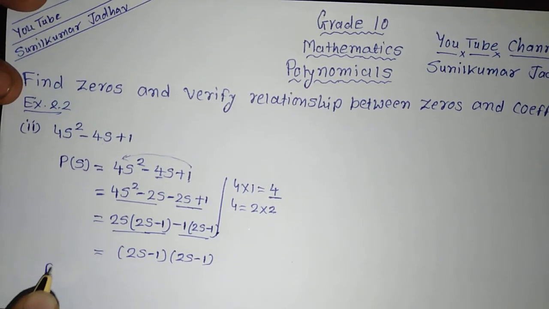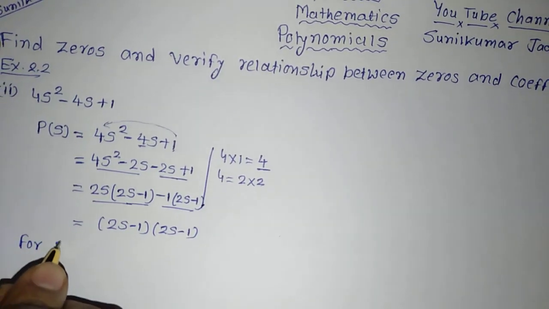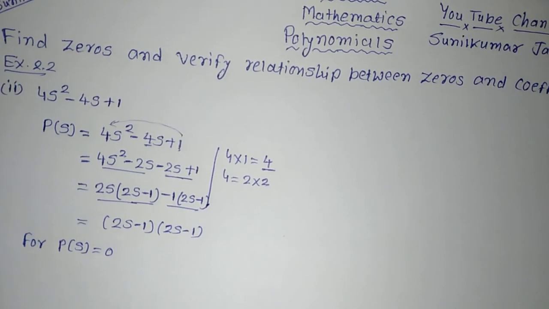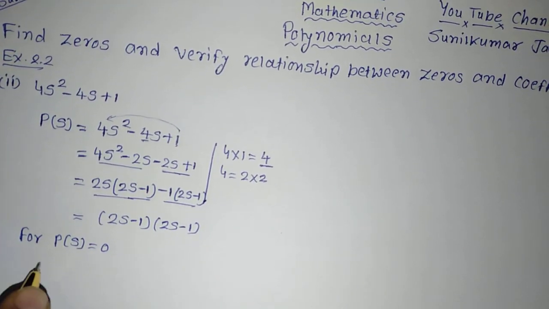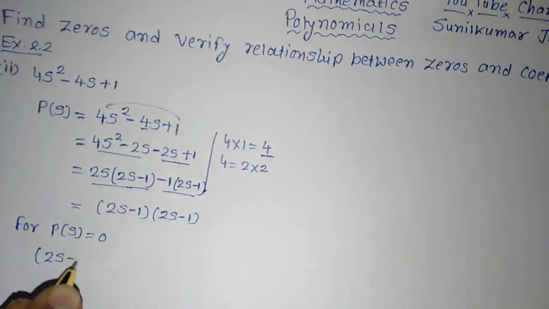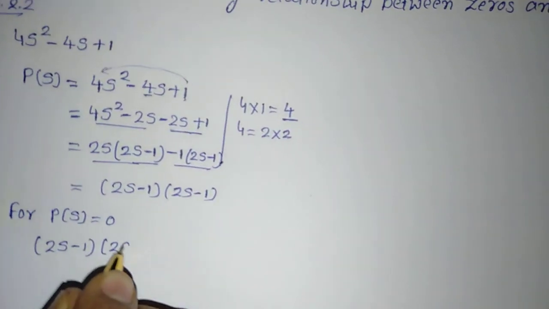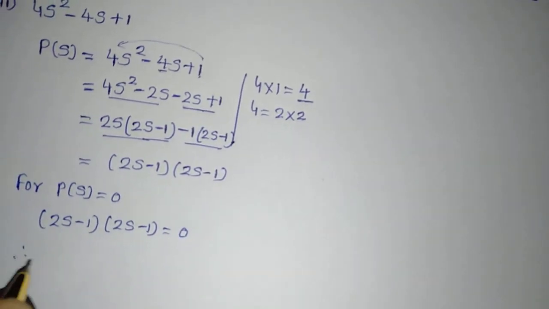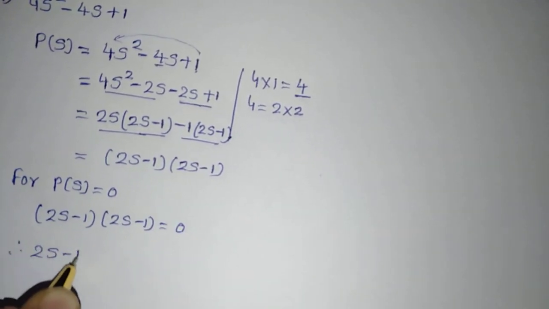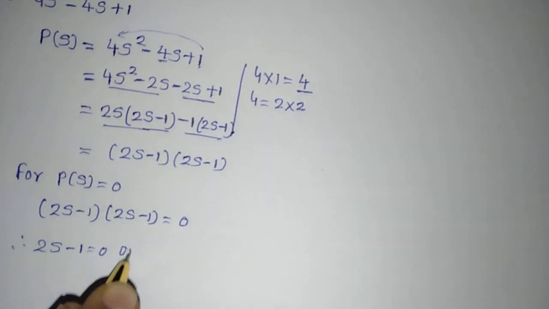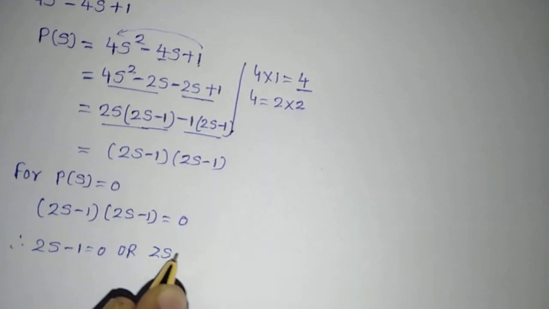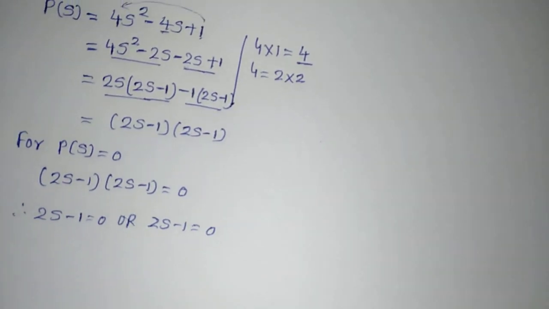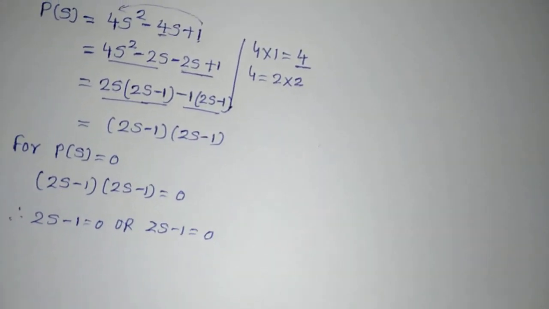Now we need to find out zeros, means p of s is considered to be equal to 0. So that way we can write it, that is 2s minus 1 into 2s minus 1 is equal to 0. So we can write 2s minus 1 is equal to 0 or 2s minus 1 is equal to 0, but they are the same, means we are going to get the same answer for both the s.